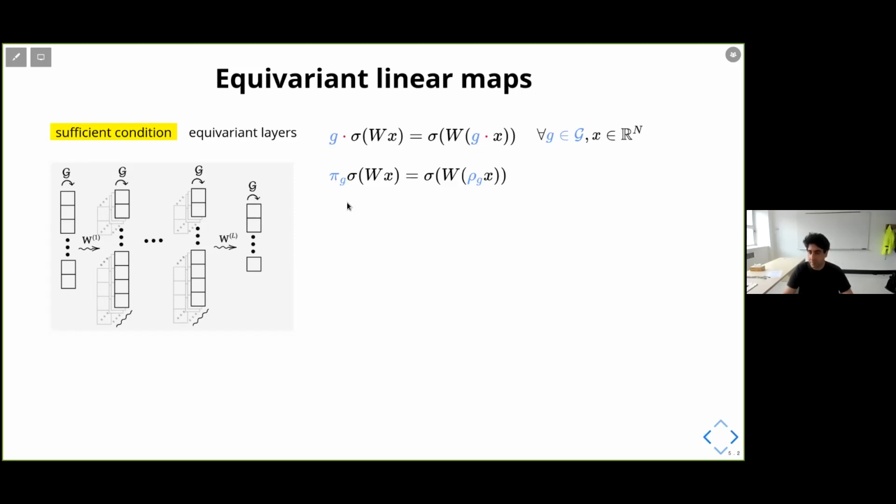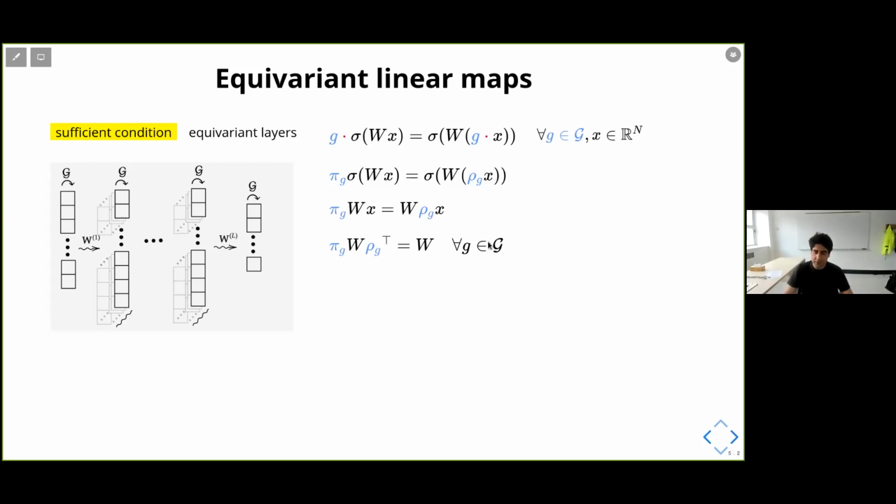They could be different permutation matrices, right? And because sigma is a bijection, I can get rid of the sigma. Because the equality holds here for every x, I can get rid of the x, and what I'm left with is a symmetry constraint on W.